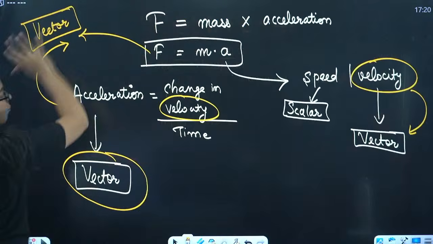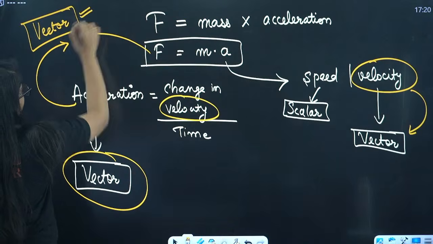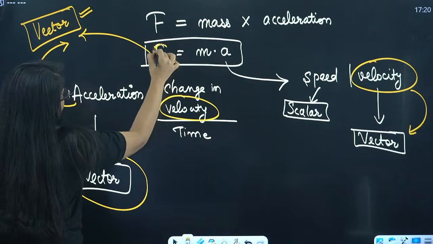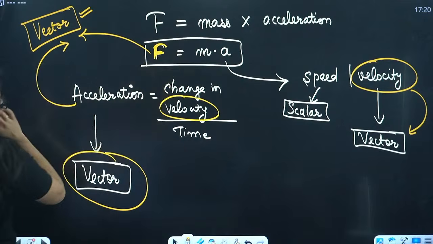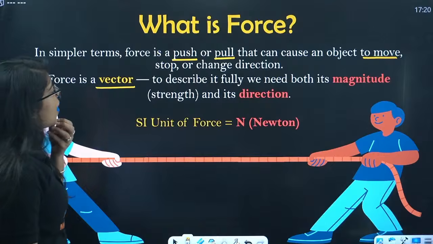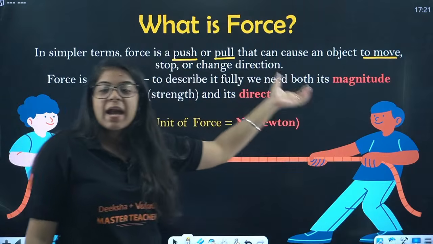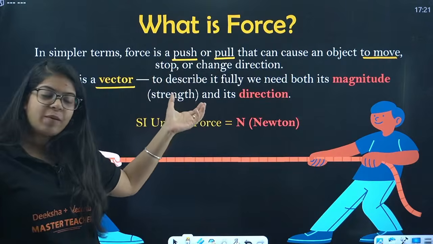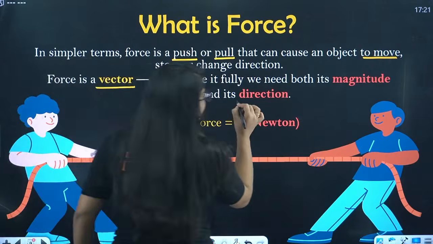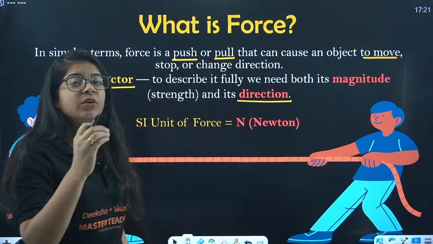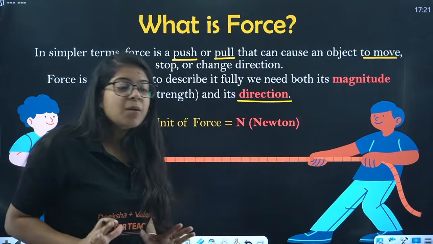We have seen completely how we reached the conclusion that force is a vector quantity. Done? Now beta, to describe it fully, we need its magnitude and direction as well. So every time you have to tell the force that I am pushing.